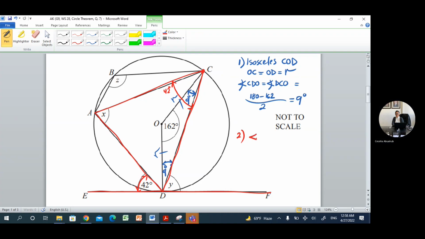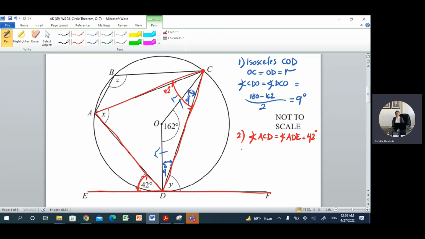Okay? So we're going to write what we just said. Angle ACD is equal to angle ADE, and they're both equal to 42 degrees. Accordingly, I can find this small angle here, right?